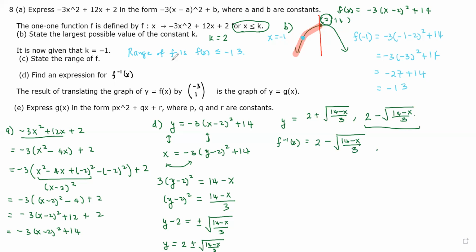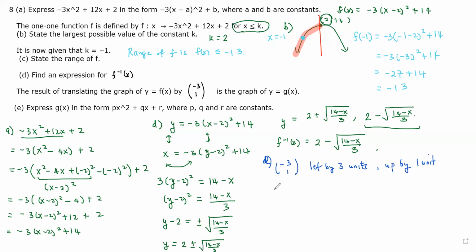The graph of f of x is translated by negative 3 and 1 to obtain the graph of g of x. You need to write g of x in standard quadratic form. Translation of negative 3 and 1 means that you move left by 3 units and then move up by 1 unit.